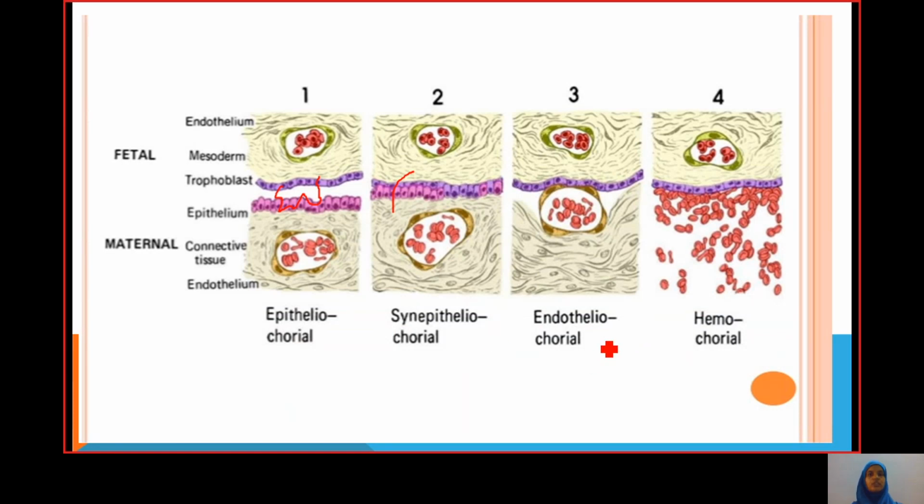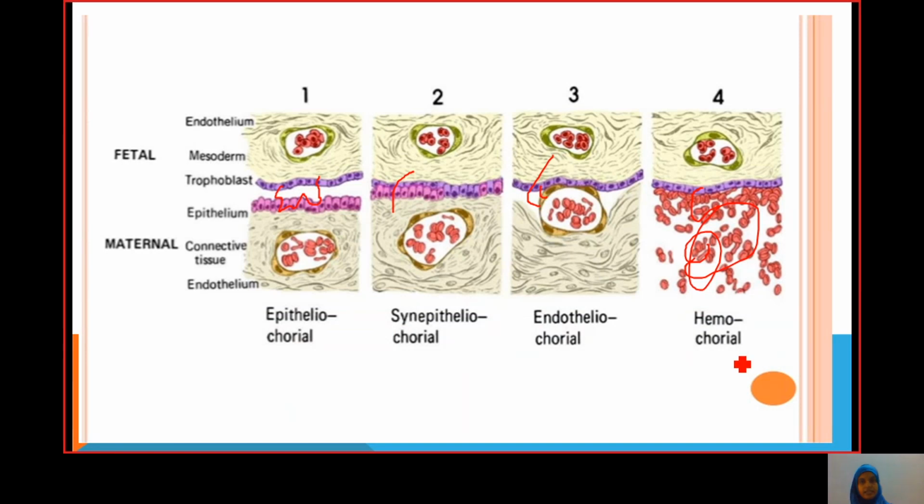Next, the endotheliochorial: the endothelium of the uterine blood vessels is attaching with the chorion, the outer layer of the fetus, so we say endotheliochorial placenta. Here, hemochorial: hemo is nothing but blood. Blood is directly bathed on the chorionic membrane, which takes food directly from the blood, so it is called hemochorial placenta.